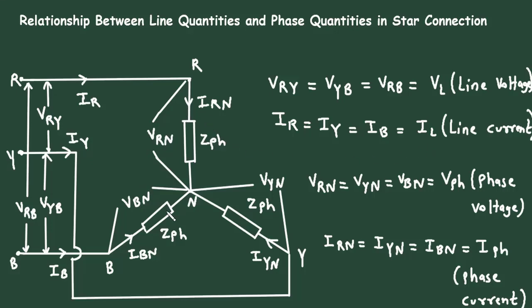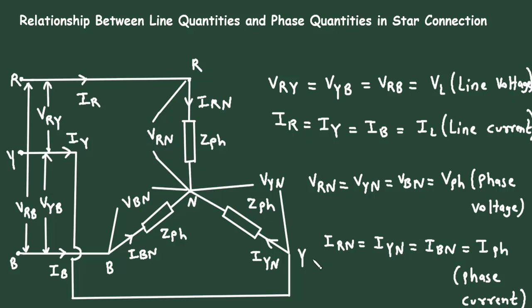Now here in this star connection, this is ZPH, that is phase impedance. This is also a phase impedance and this is also a phase impedance. Now the voltage between R and N, that is this R phase and the neutral, is VRN.